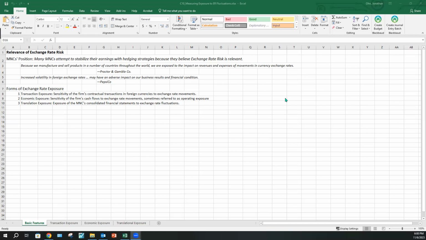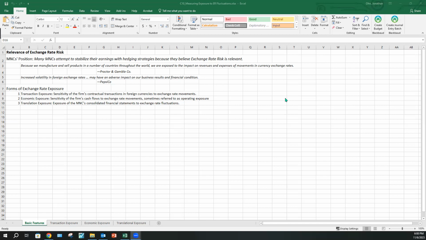So we have the three forms of exchange rate exposure: transaction exposure, economic exposure, also called operating exposure, and translation exposure. We will cover these using some examples, still in abstract form. Transaction exposure is the sensitivity of the company's contractual transactions in foreign currencies to exchange rate movement.